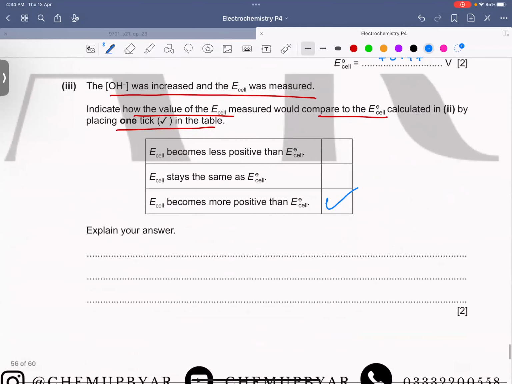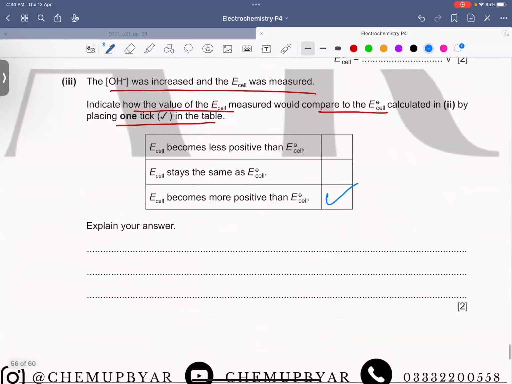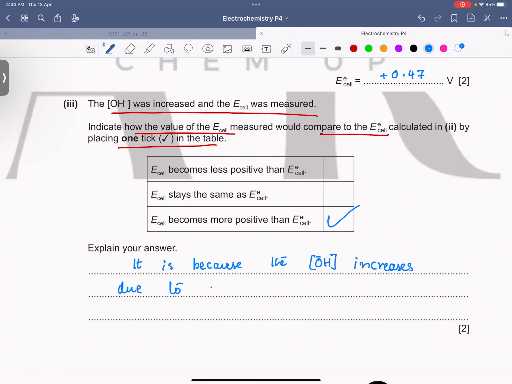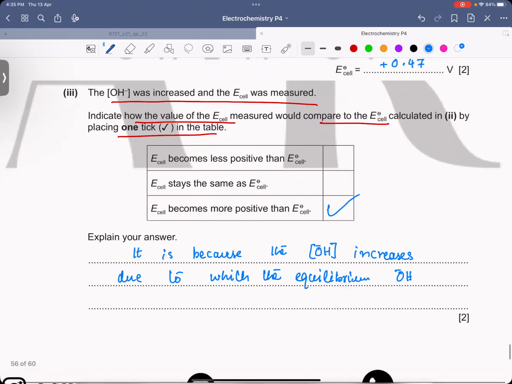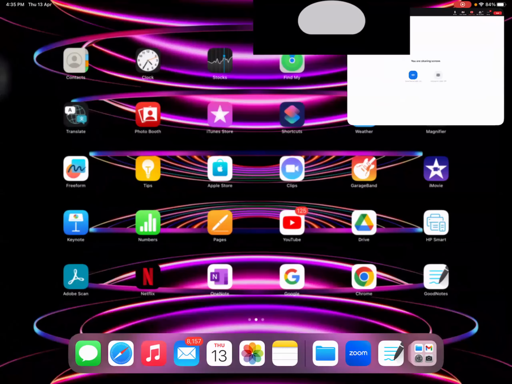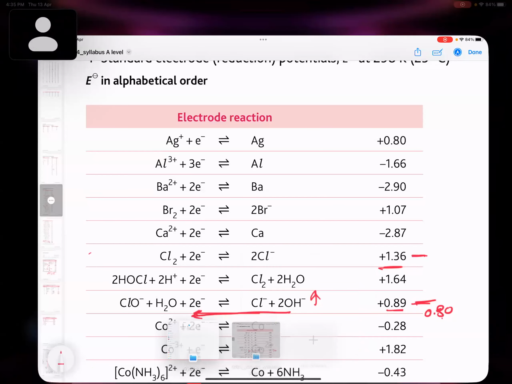So how would we explain? It is because the concentration of hydroxide ion increases, due to which the equilibrium, and what equilibrium are we talking about? Hydroxide ions, this one.